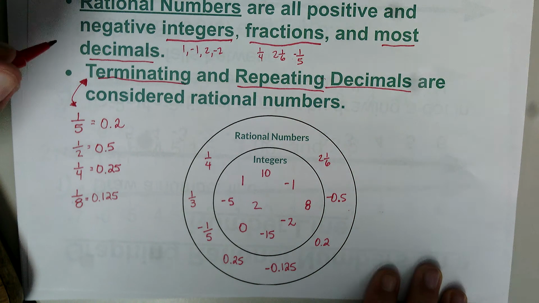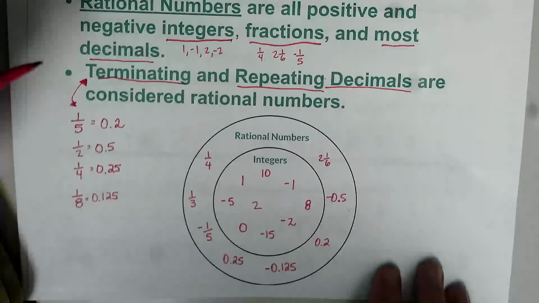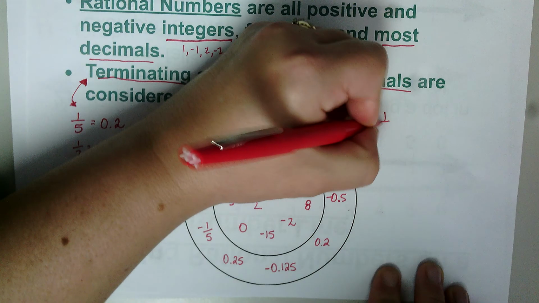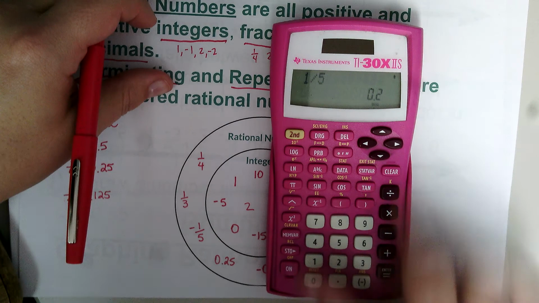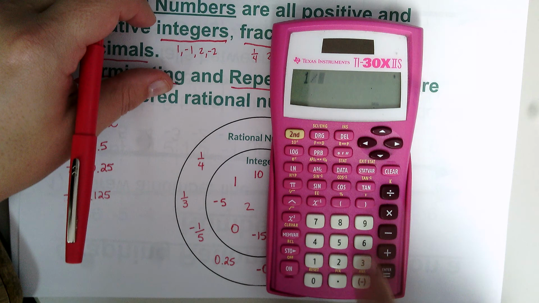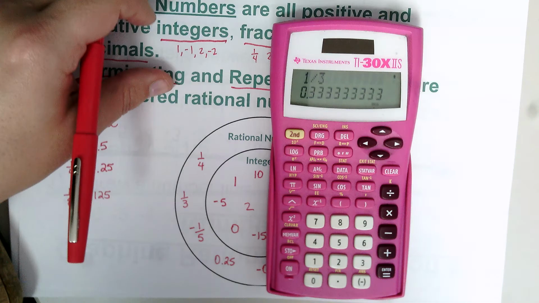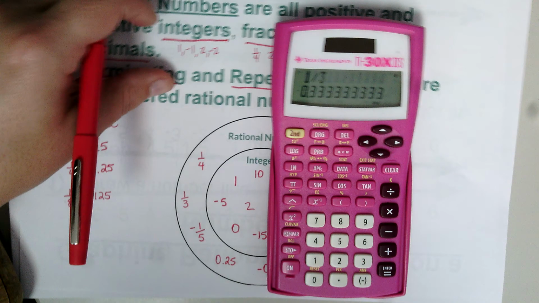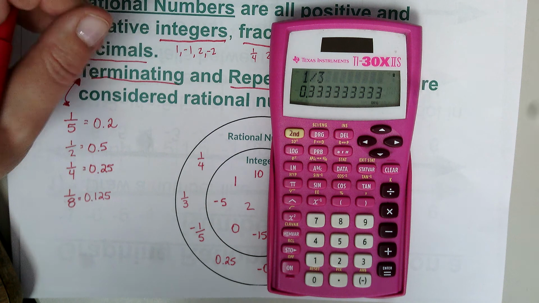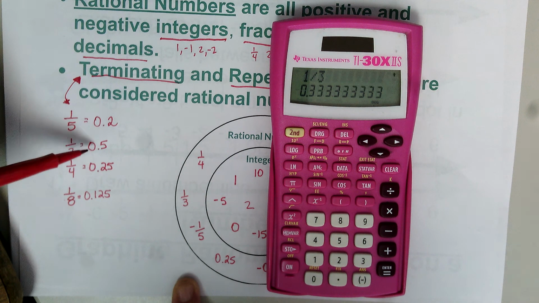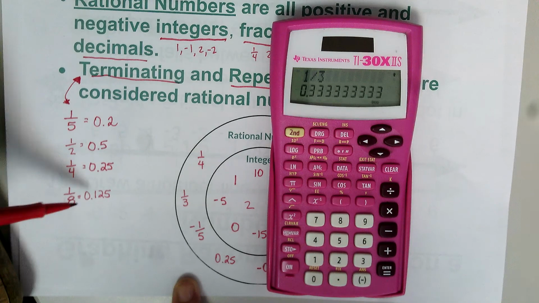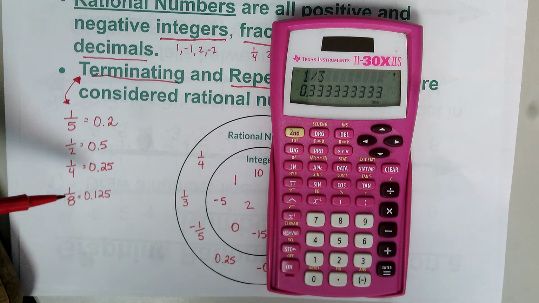So a repeating decimal is something that if you put it into the calculator, let's say I put the fraction 1/3 into the calculator, 1 divided by 3, gives me 0.3333333 repeating, which doesn't terminate. It doesn't end as nice and neat like 2/10 or 5/10 or 25 hundredths or 125 thousandths. But it has a pattern.